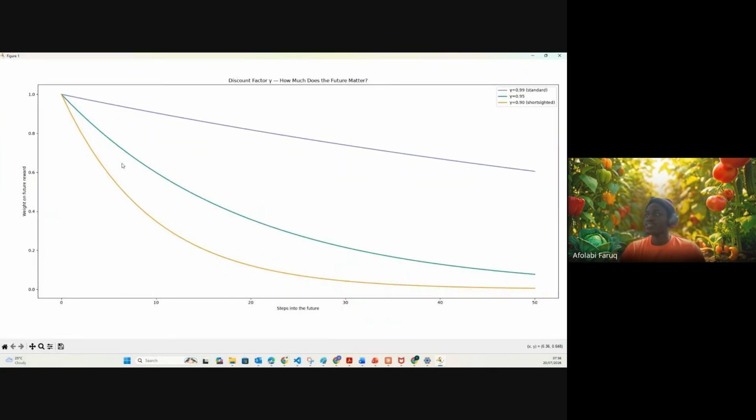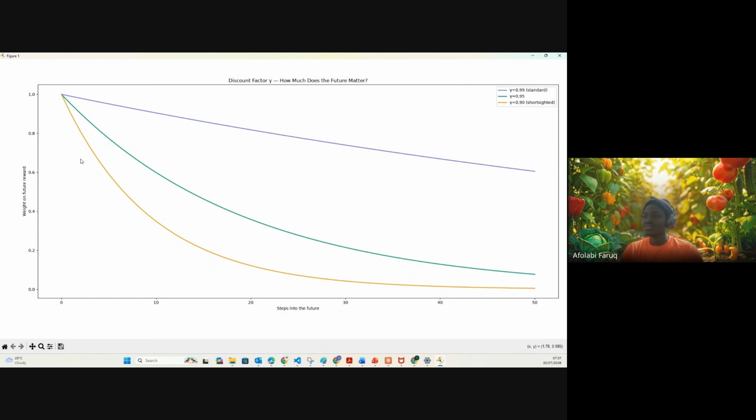Here you can see where we have 0.99, it is moving steadily. For 0.95, you can see how sharply it falls. At 0.90, it's far less, so it's very steep into future rewards, I mean, into future time steps.